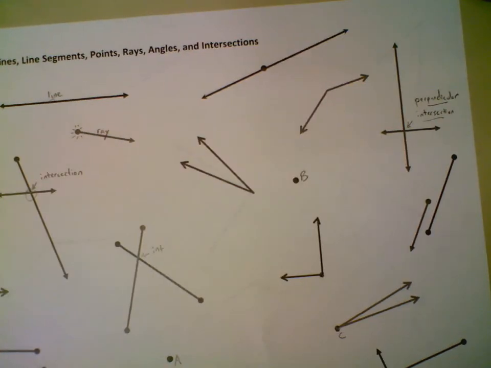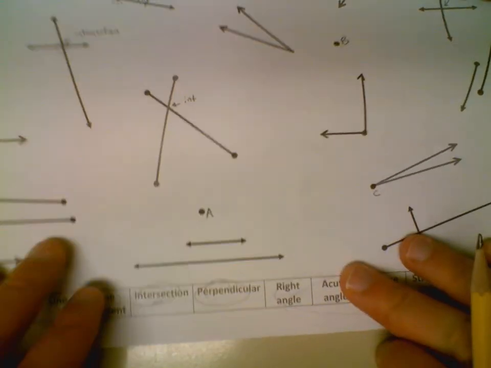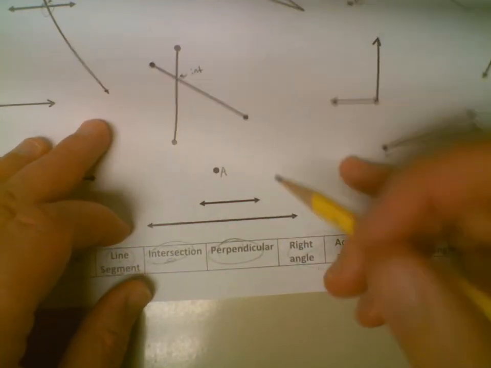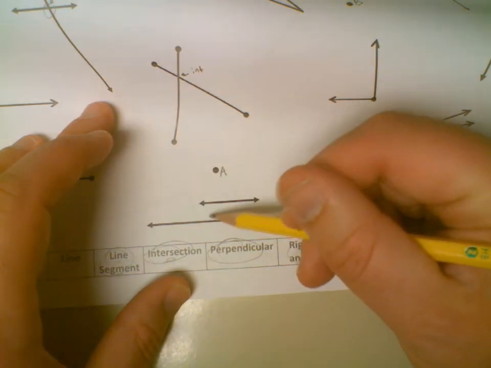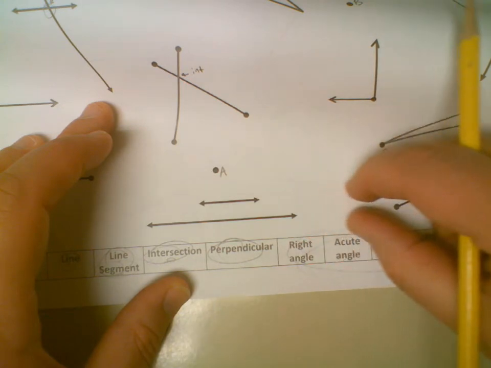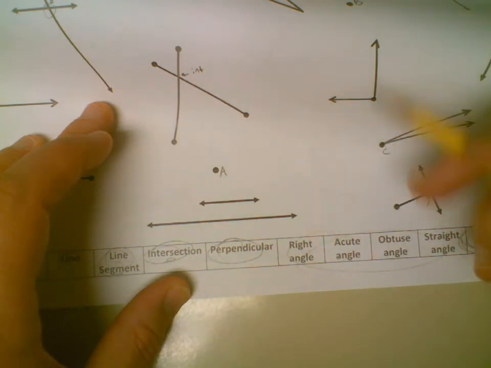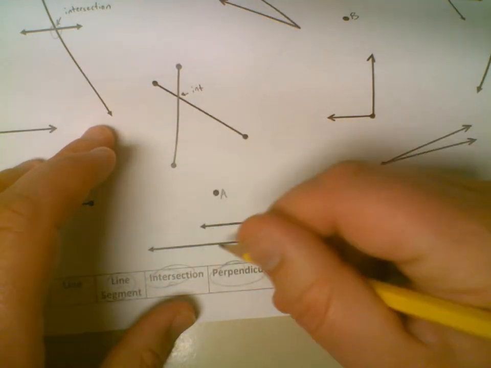Let's find some more parallel lines on here. What do you think down at the bottom? I have a feeling that if I measured, this would probably be about 1 centimeter away. It'll be 1 centimeter away. If I drew these lines out a long, long way, they'd still be 1 centimeter away. So they are the same distance apart.